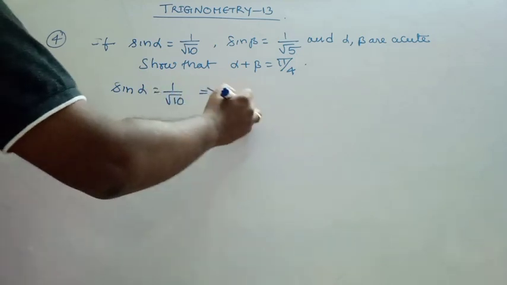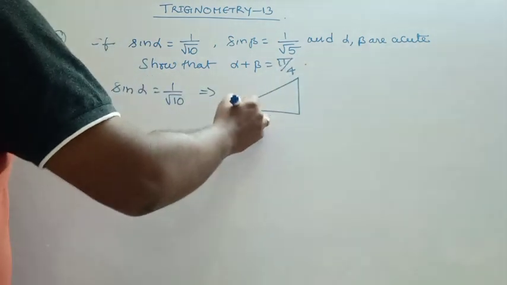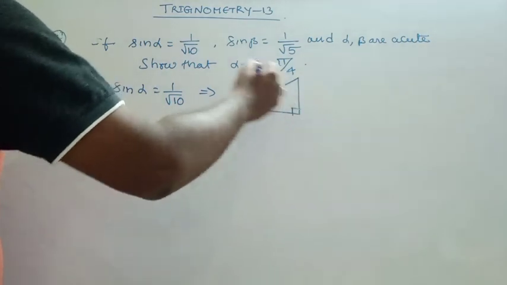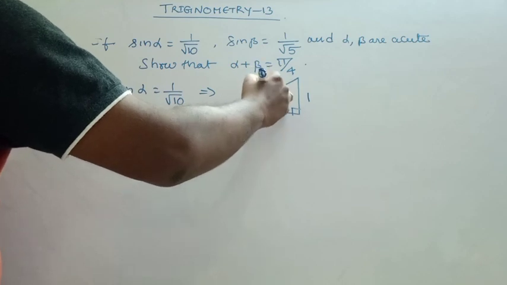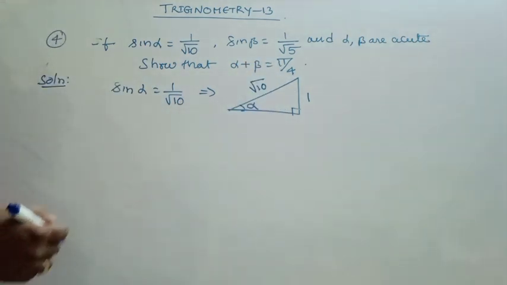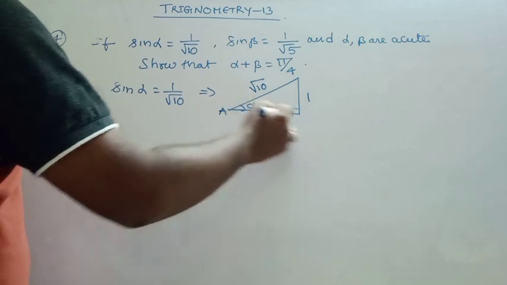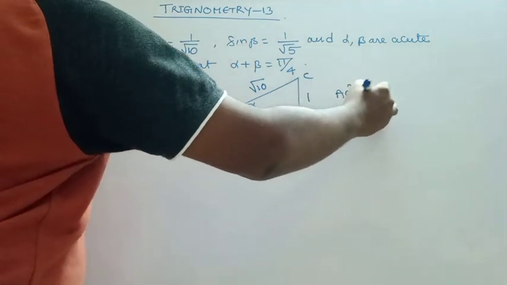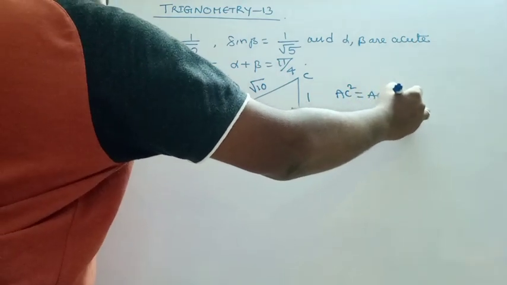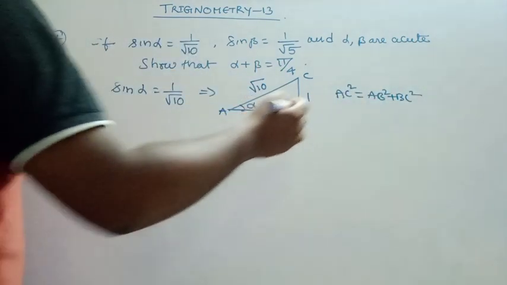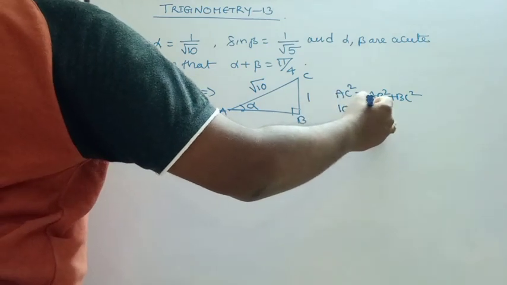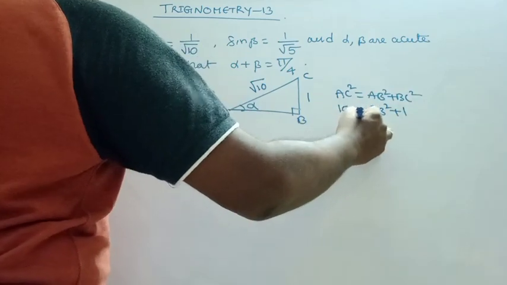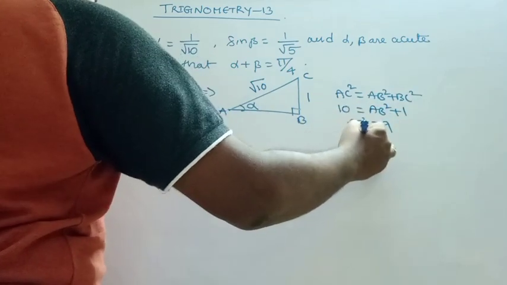That means, my dear students, here you take the right angle triangle. This is alpha. Sine alpha means the perpendicular by hypotenuse. This is 1 and this is root 10, like this. If you take this as A, B, C, you will get AC square equals AB square plus BC square by using the Pythagorean theorem. So 10 equals AB square plus 1, AB square equal to 9, AB equal to 3.